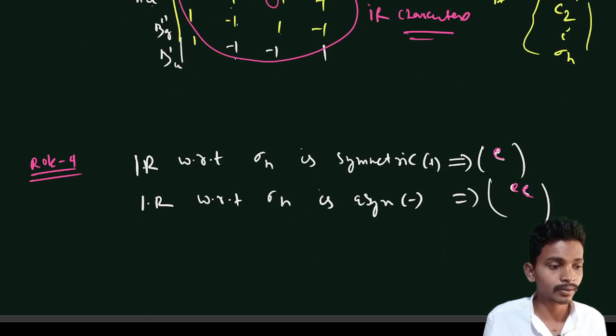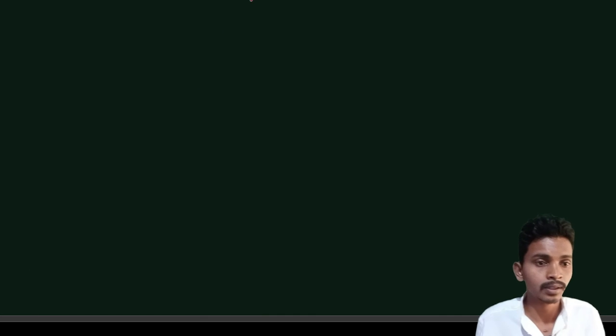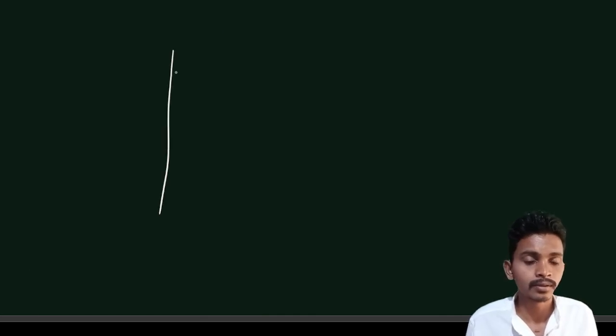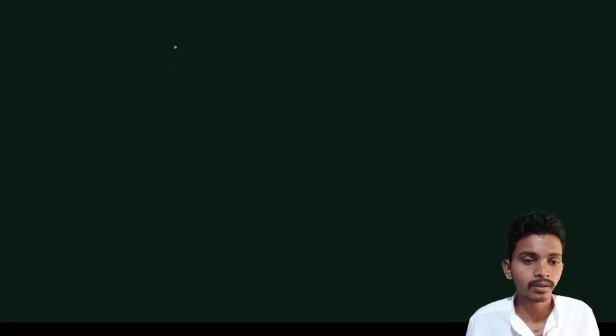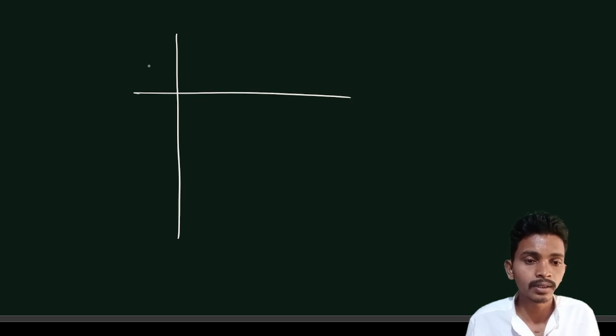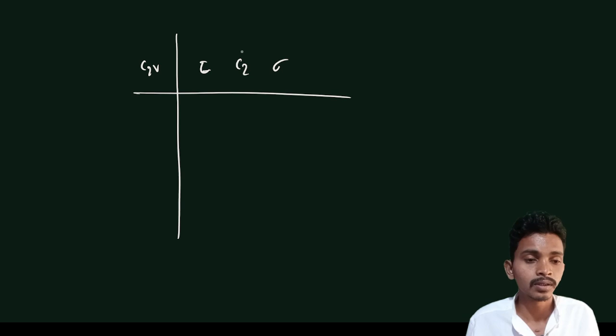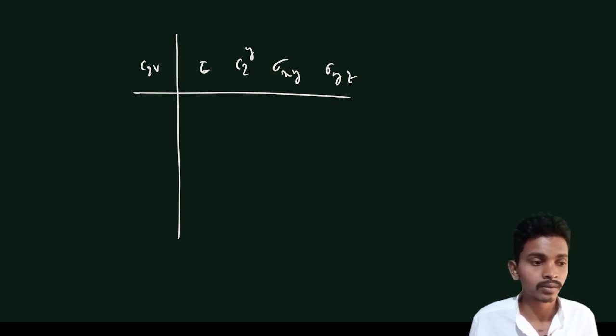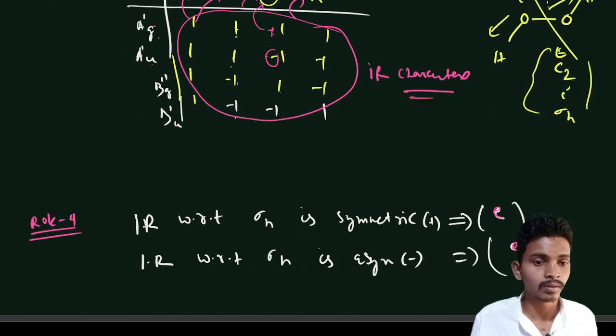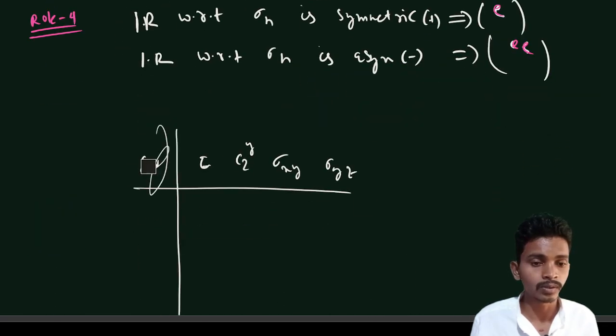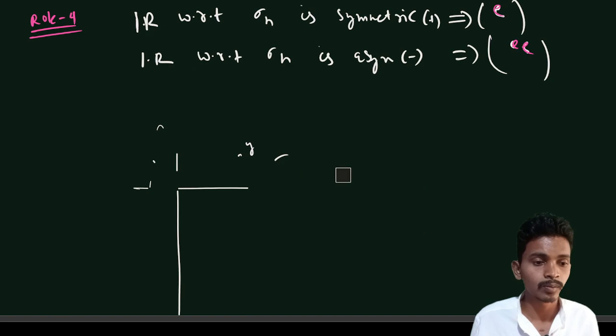Now, in a character table, another thing is that here C2 B, here is C2 Y, sigma YZ. I will not draw it, because if I draw it then I have to maintain everything the same.